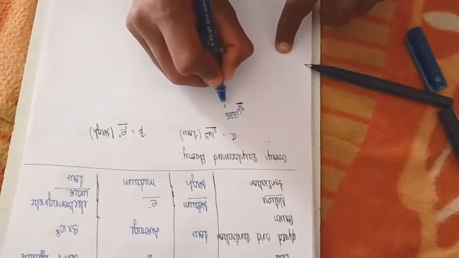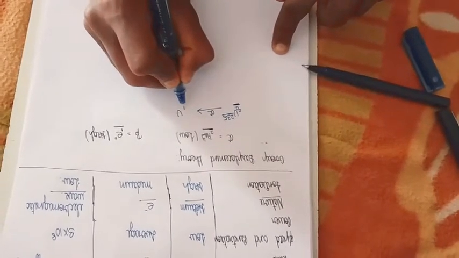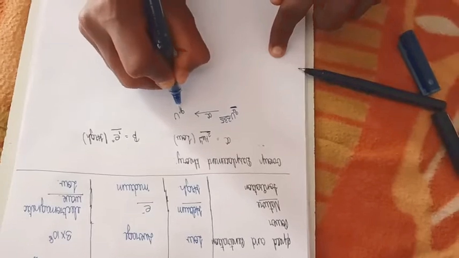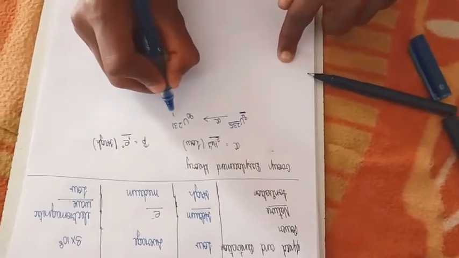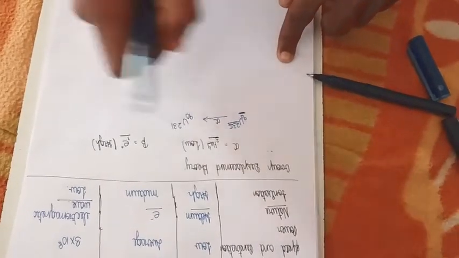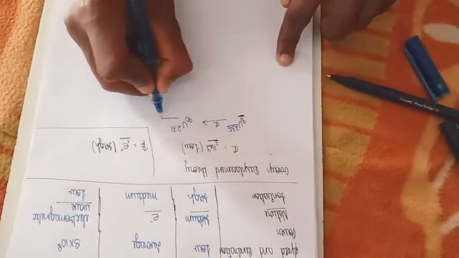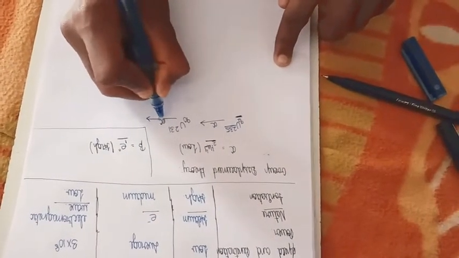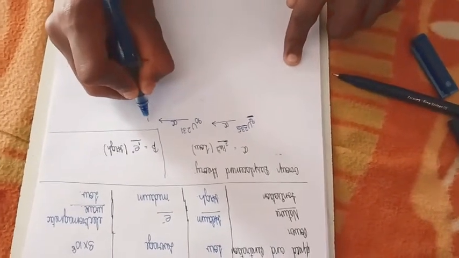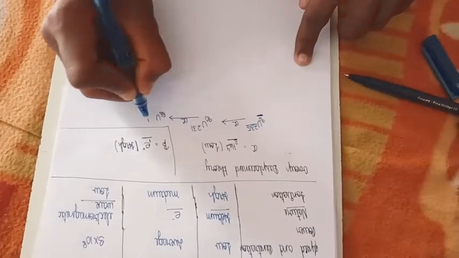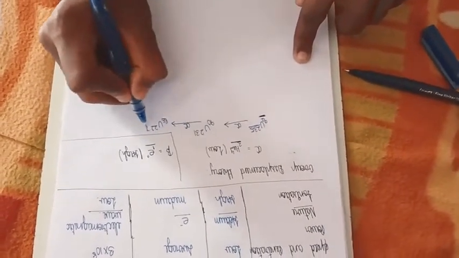For example, with an alpha, the uranium becomes 90 and 231. Again we take an alpha, then it becomes 88 and 227.